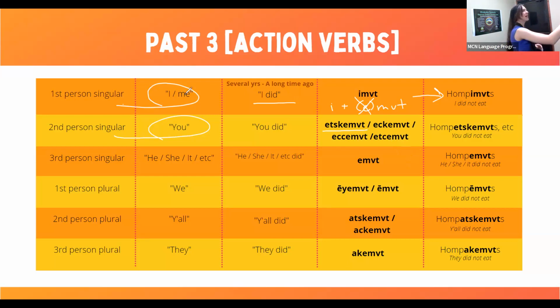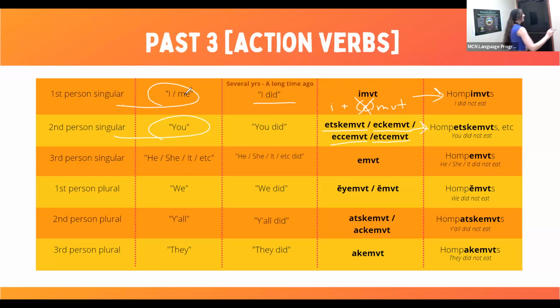So it's mut. Itchimut, itchimut, itchimut. So on this one, hombitskimuts. You did not eat. When you were little, you used to not eat green eggs and ham.